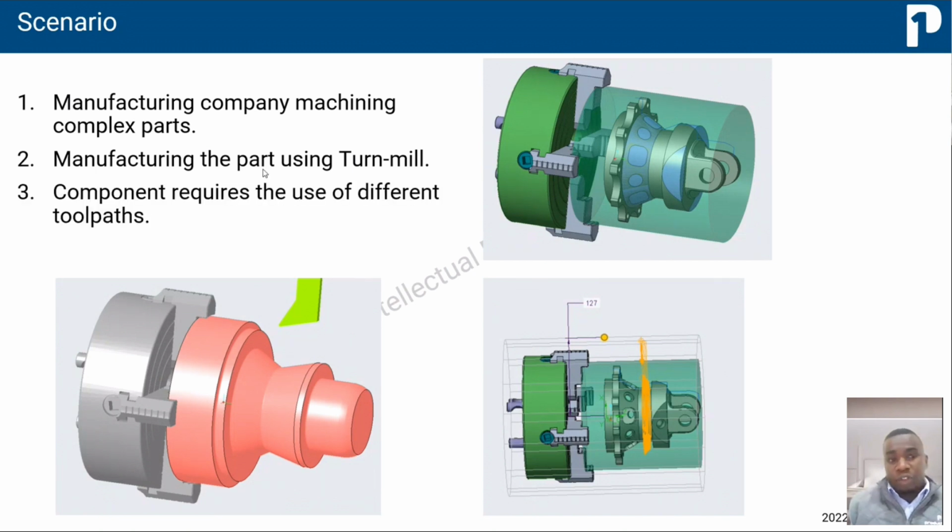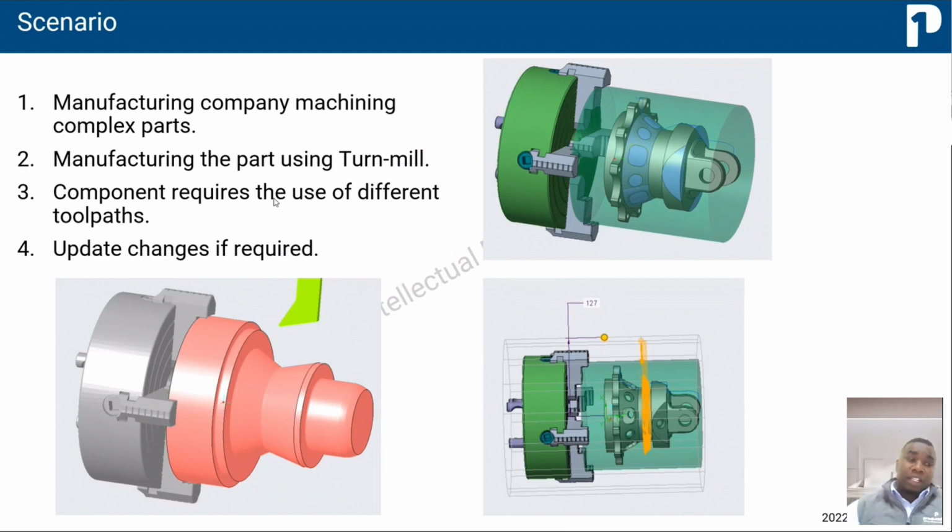And then we're going to be using different tool parts. So we're going to be combining some turning tool parts, some of the high-speed machining tool parts, the normal conventional ones like your prismatic and multi-surface machining tool parts and so on. So we're going to use a mixture of tool parts to be able to machine this part.